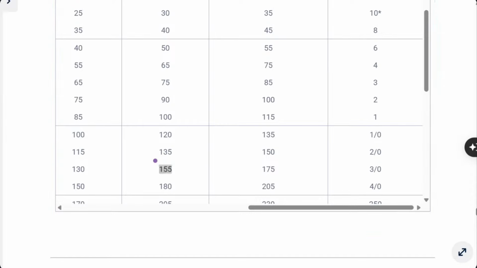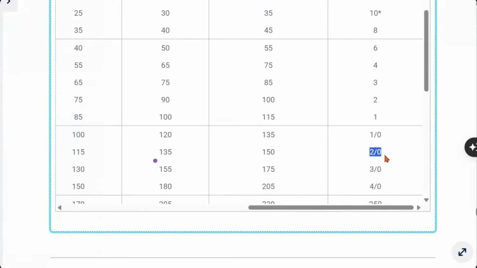I've got to go back and look now. Hold on, let me go back and look real quick because I can't remember what size we said. Maybe y'all remember. Oh, 2-aught aluminum. Okay. So here's the 2-aught aluminum. So it'd be 135, right? And so 2 sizes smaller than that would be a minimum of a 1, right?